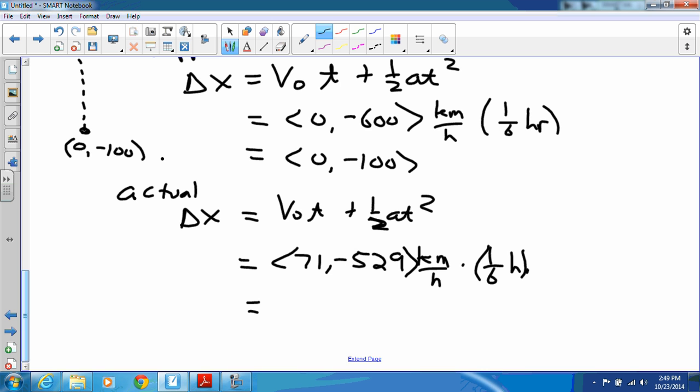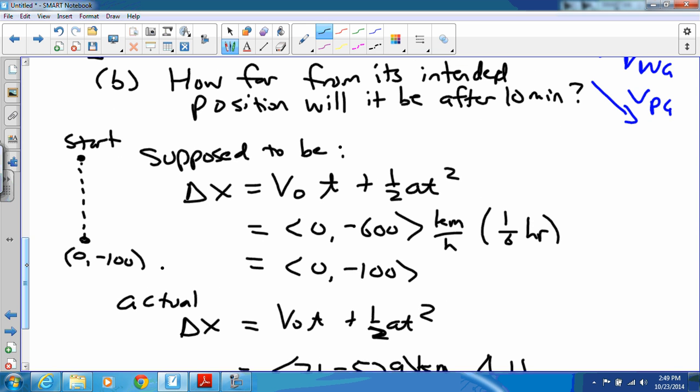Does anybody have numbers on that? It's 12, -88 is where he actually ends up. Going back to our diagram, that's actually right here.